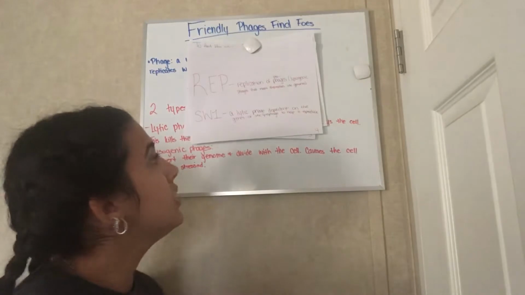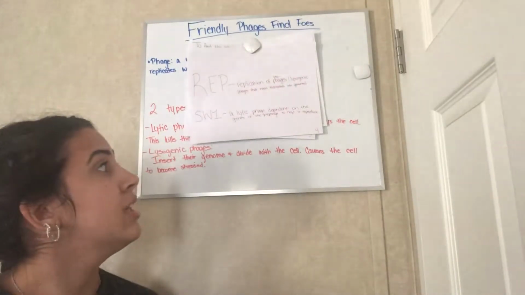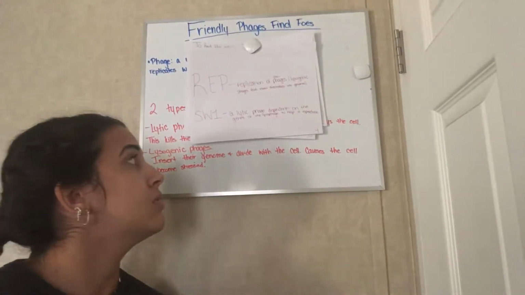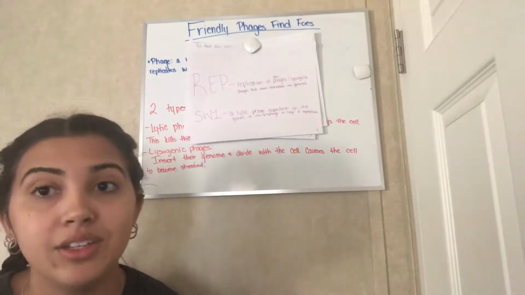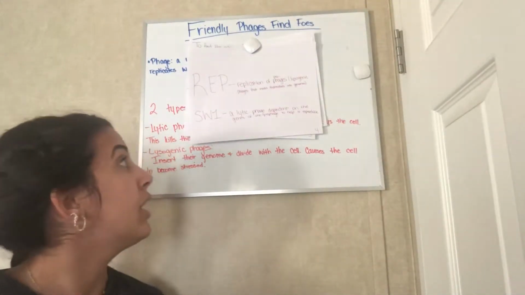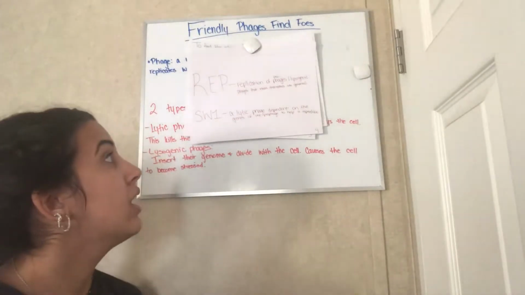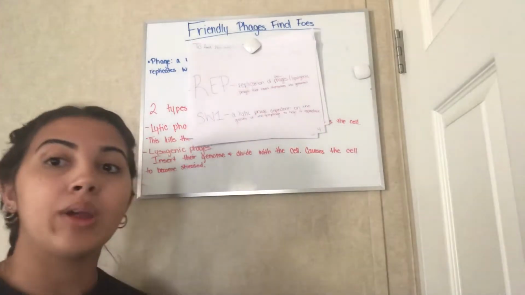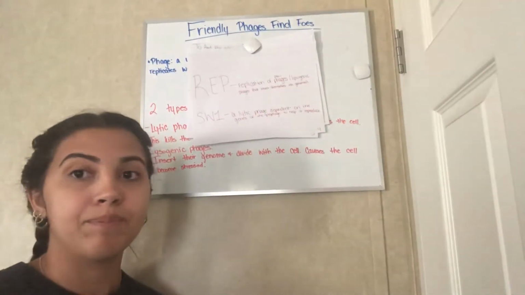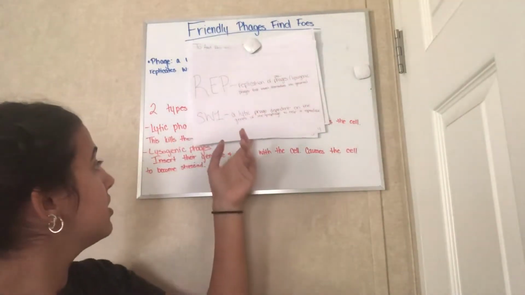And SW1 is a lytic phage that is dependent on the genes of the prophage to help it reproduce. So as you can see here, scientists have now concluded that lysogenic and lytic phages are a playing factor in why this line of demarcation is there.